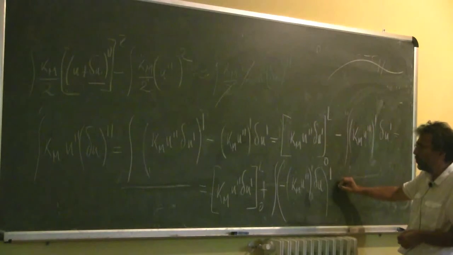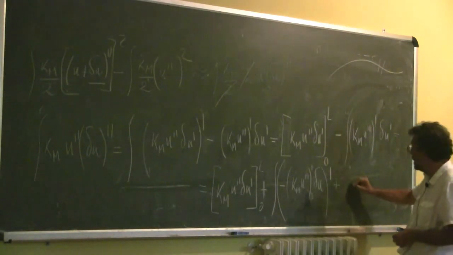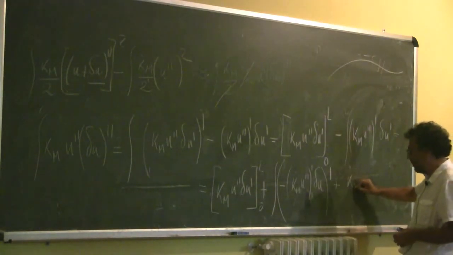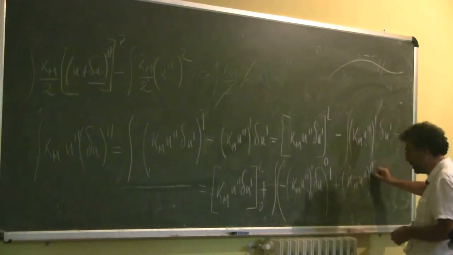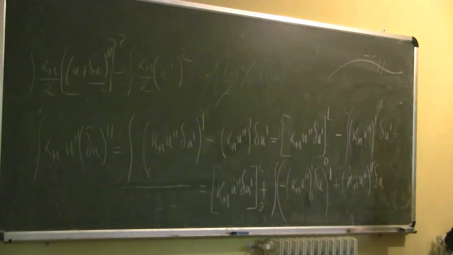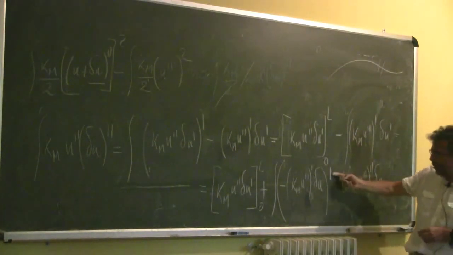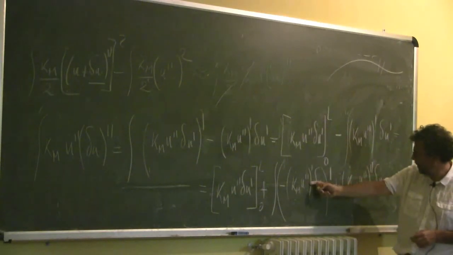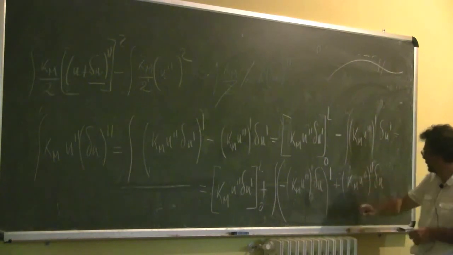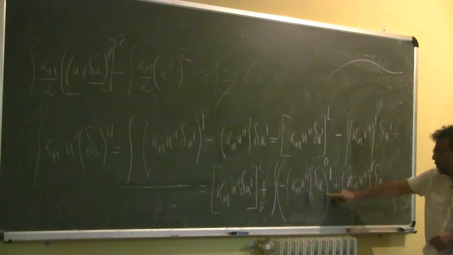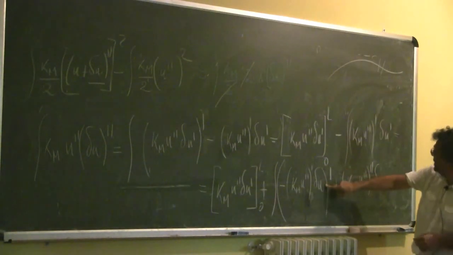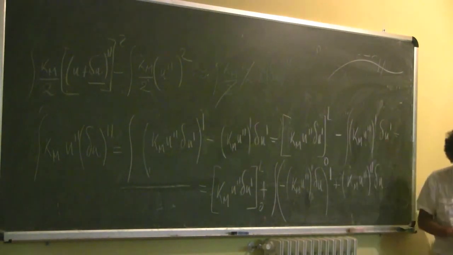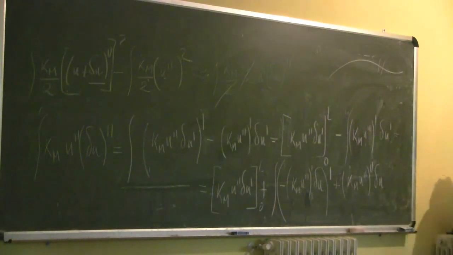So I need to place here plus Km u second delta u, because in this way I calculate this first derivative here, and it goes to 0 with that. Then I calculate the first derivative here, and I get exactly the other term.